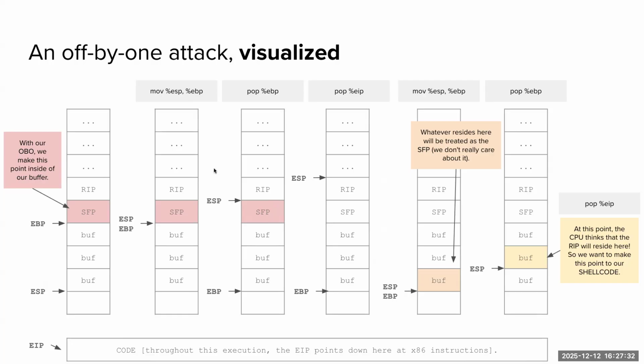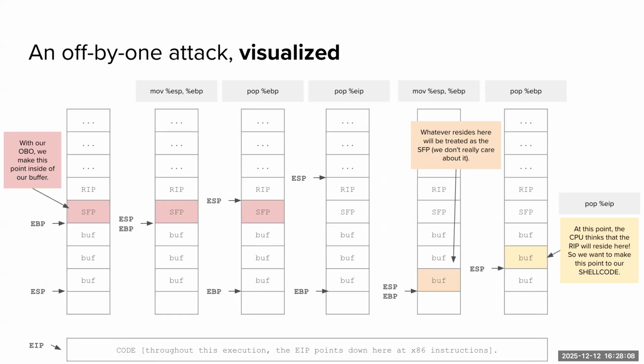before, the EBP would go upwards, somewhere above in our stack frame, and it would point to the base of main. However, in this case, if we modify this SFP, we can cause the base pointer to point somewhere down into some buffer that we have in our previous stack frame. Normally, we never see the EBP below the ESP. The base pointer has to always be above or equal to the stack pointer.